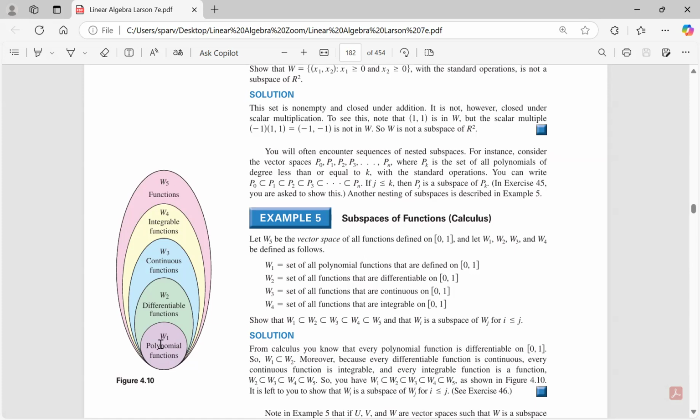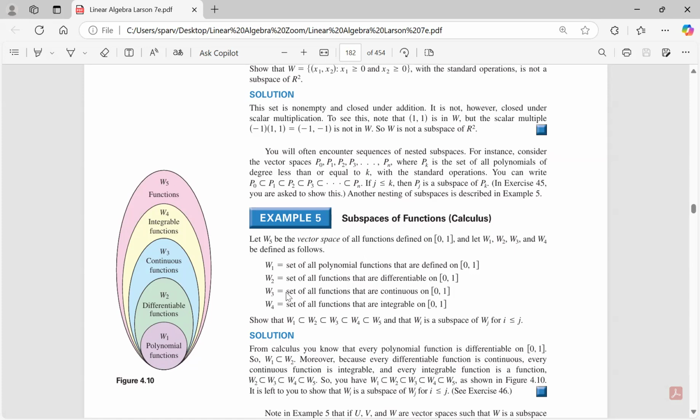We learned in Calc 1 that polynomial functions are all differentiable. Therefore, they are a subset of all differentiable functions. Now, there are functions that are not differentiable. Those will be outside of W2. But we're talking about W1, only polynomial functions. That circle of W1 is within W2.